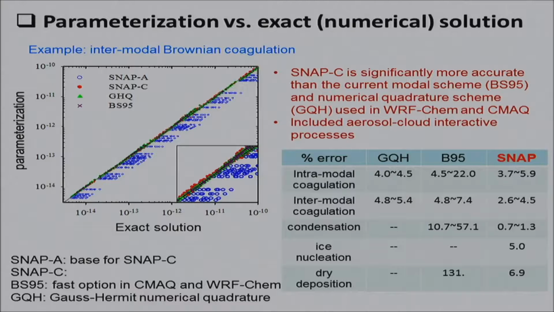The time needed for SNAP is about the same as BS95, about 10% more than theirs, but only about 5% of the Gaussian quadrature scheme.